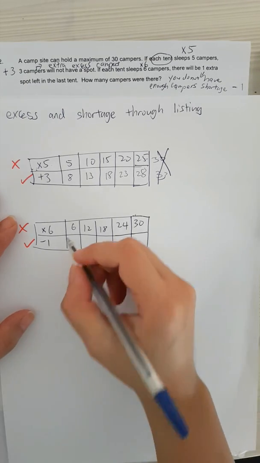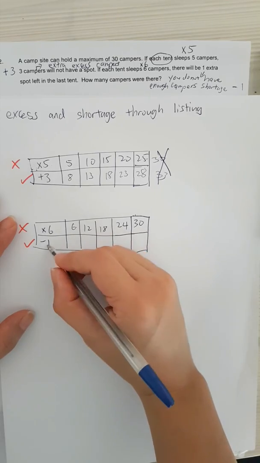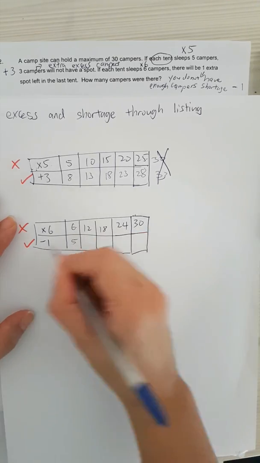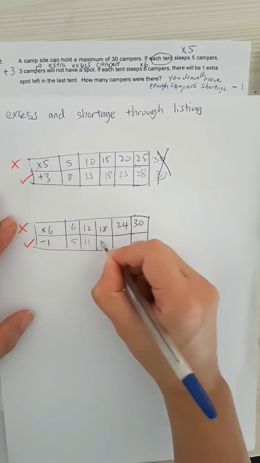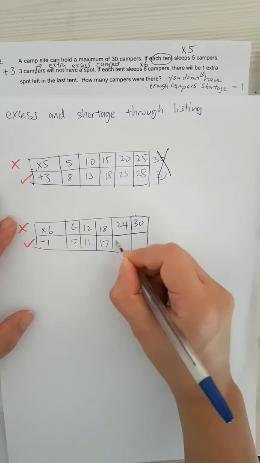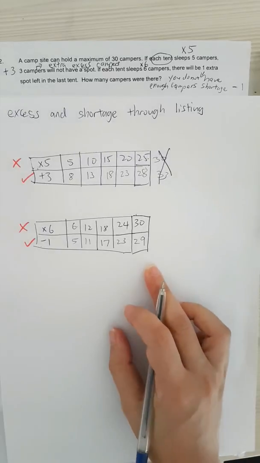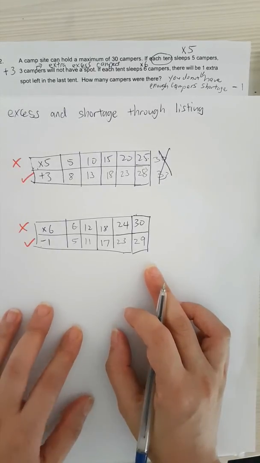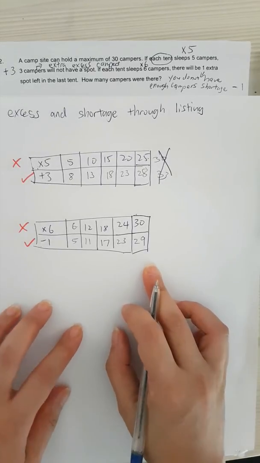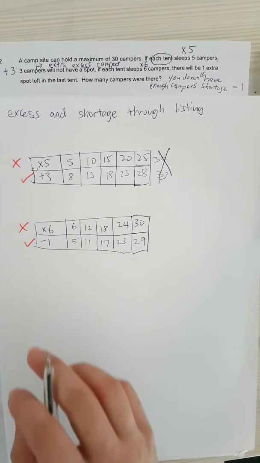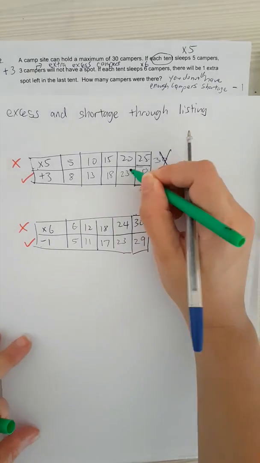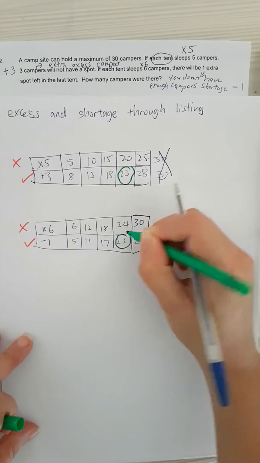Okay? So, next part. 6 minus 1 is 5. 12 minus 1 is 11. 18 minus 1 is 17. 24 minus 1 is 23. 30 minus 1 is 29. Okay? Can you see there will be a number that appeared? And the number that appeared in both will be 23 and 23.